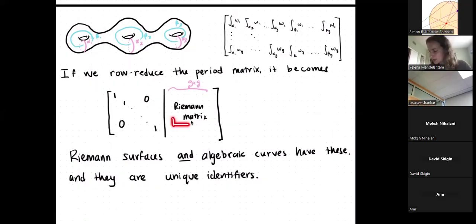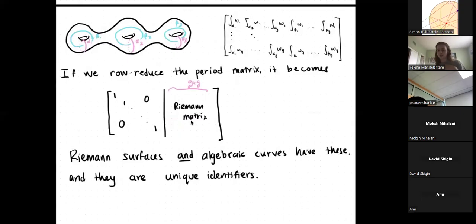Even though the Riemann matrix isn't unique for a Riemann surface, the Riemann surface is unique for a Riemann matrix. So in theory, if someone gives you a Riemann matrix, there is only one Riemann surface that you can give back that is related to it.